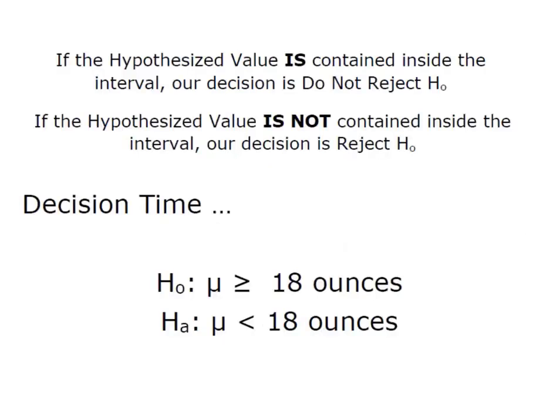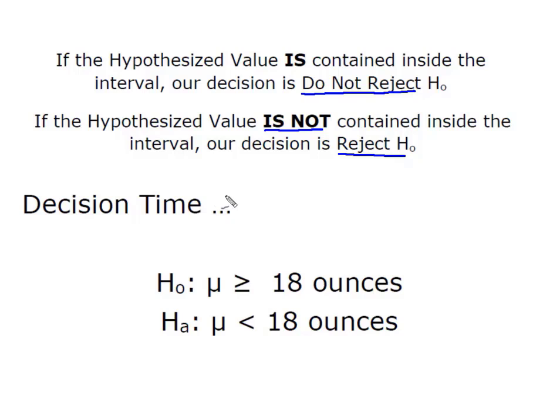So remember, when we're dealing with the confidence interval approach, if the hypothesized value of the parameter is contained inside the interval, our decision is to not reject H0. On the other hand, if the hypothesized value is not contained in the interval, then we will reject H0.